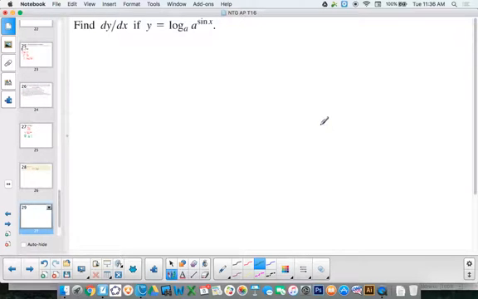If y equals log base a of a to the sine x, what is dy dx? I'm going to do this two ways because there's a long way and a short way. You're probably going to think of the long way right away, so I'll do it first. For the derivative of a log, you do the derivative of what's inside, and what's inside is a to the sine x.